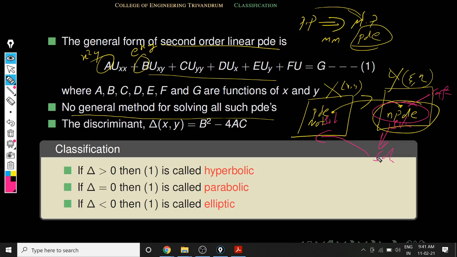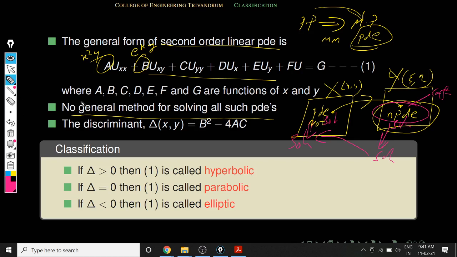Then we solve this canonical form. Using this solution, we find the solution of the original PDE. So that is one advantage of canonical form. In this session, we are going to see how to find the canonical form of a given PDE and how to solve this new PDE.